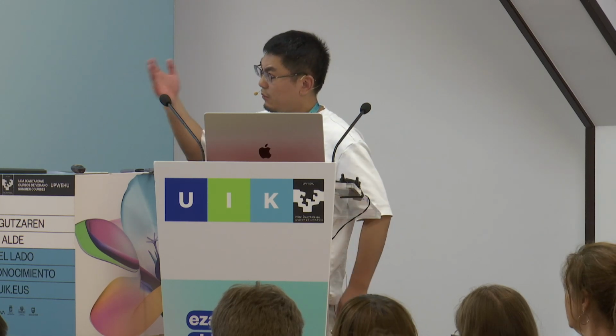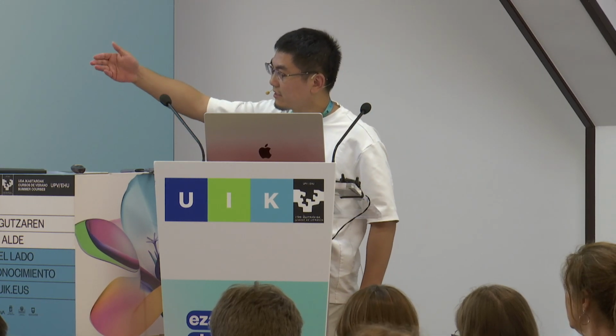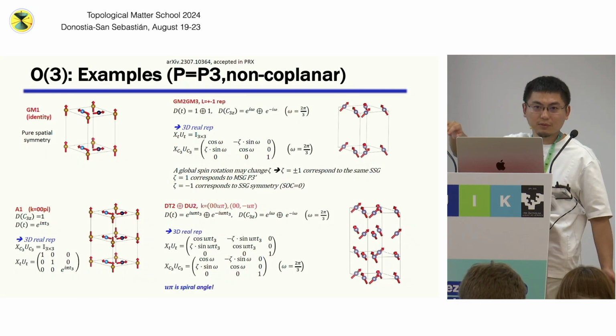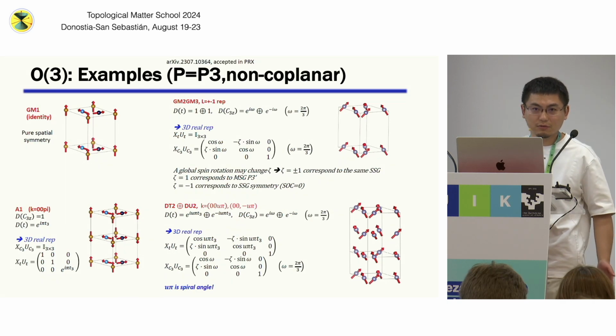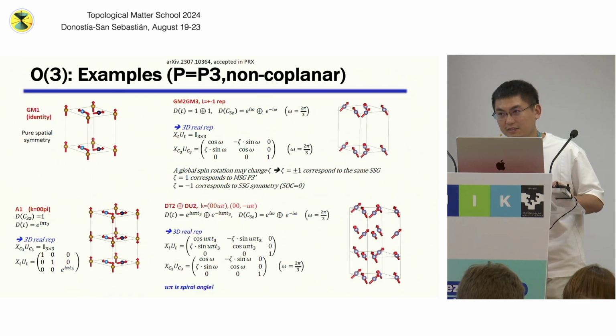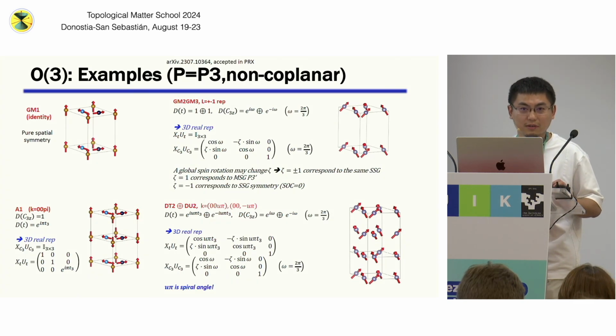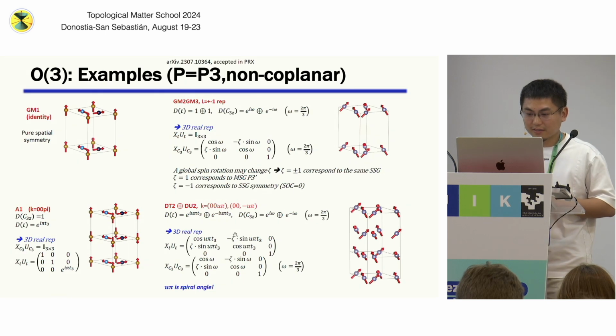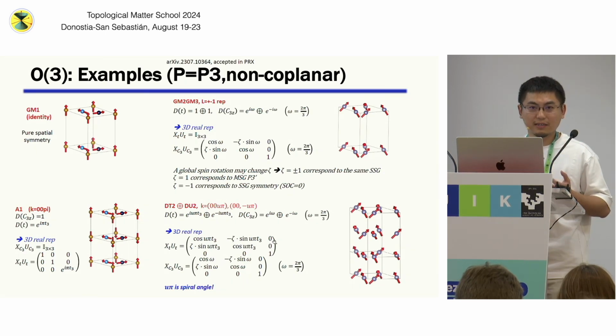It's not unique. First, as we now describe the spin structure as a classical vector field, we only consider a 3x3 matrix. It's a real-valued 3x3 matrix. So we only need to consider a real representation. And the real representation is usually not an irreducible representation of a space group. So given an irreducible representation, depending on its property, there are different ways to induce a real representation, and the basis of this matrix, as you mentioned, is not unique.